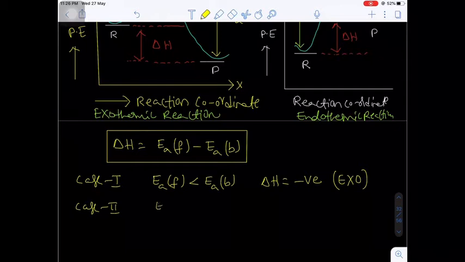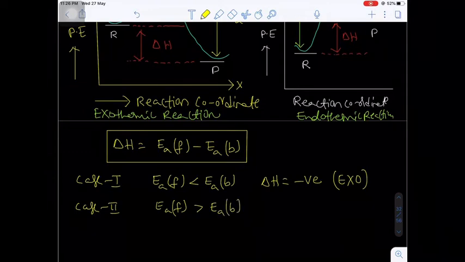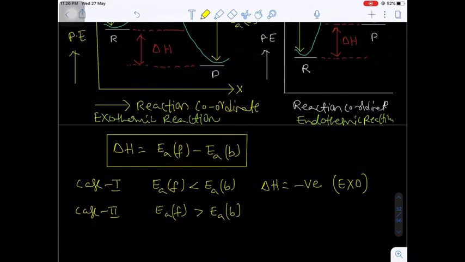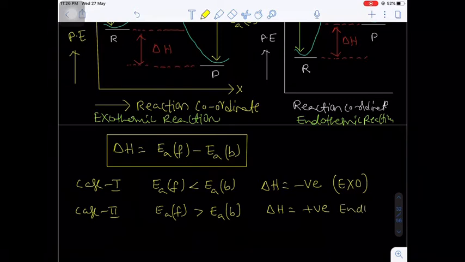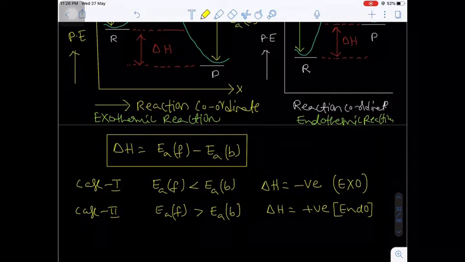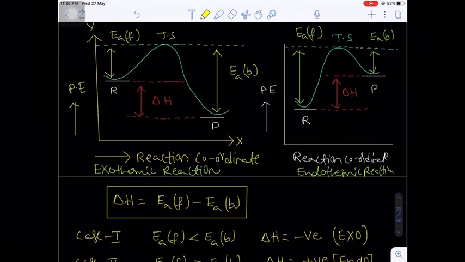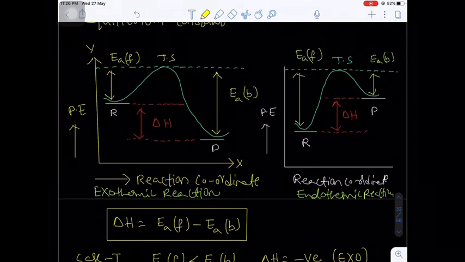Okay. Now graph number 2, if you see, the activation energy of the forward reaction is greater than the activation energy of the backward reaction. That means the delta H value becomes positive, which is known as endothermic reaction.